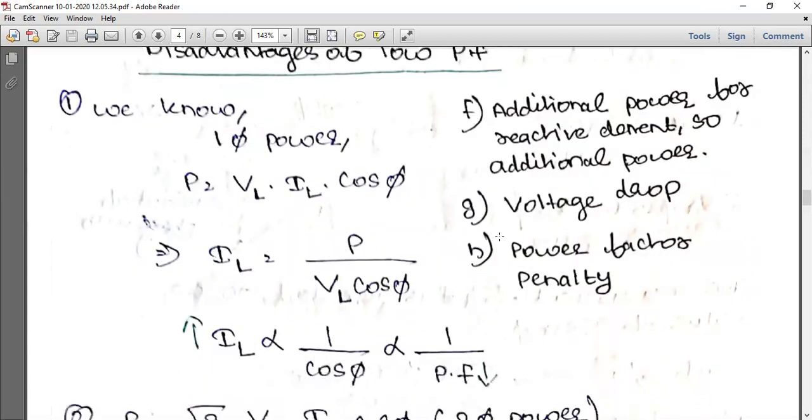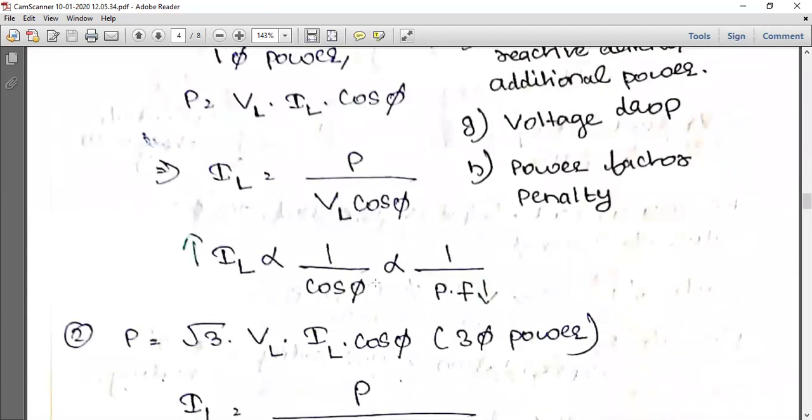Maybe you might have learned this equation in your previous classes. So we can write that IL is equal to P by VL into cos phi. That is, IL is proportional to 1 by cos phi. That is, if the power factor decreases, IL increases. If the power factor is kept low, we need more load current. So more current means more electricity bill.